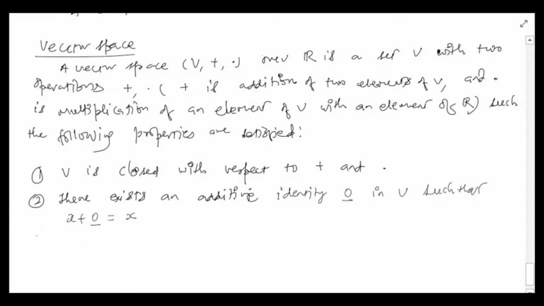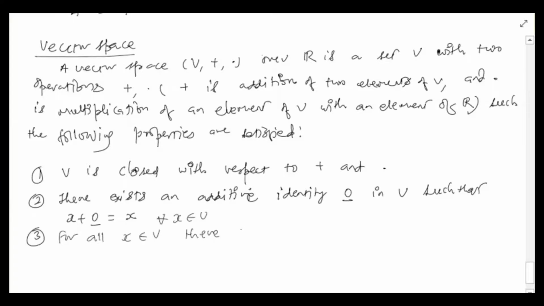Okay. Third property, for each element, so this holds for all x in V. The third property is for all x in V, there exists another element of V such that if I add these two elements, I'll get the zero additive identity.